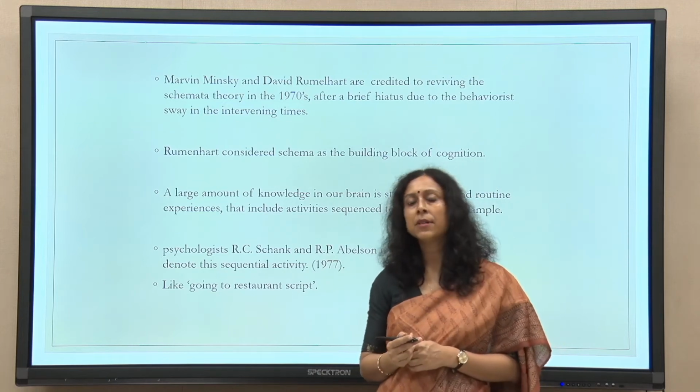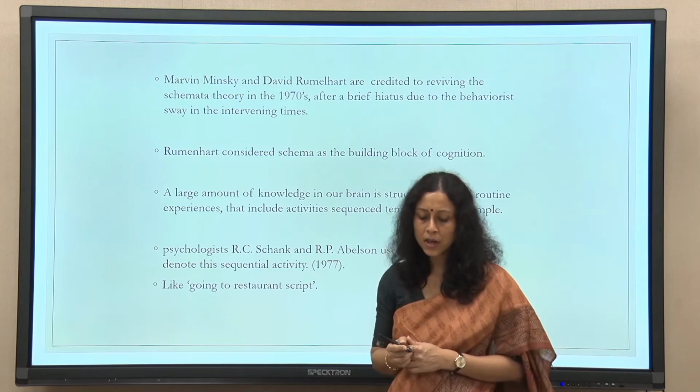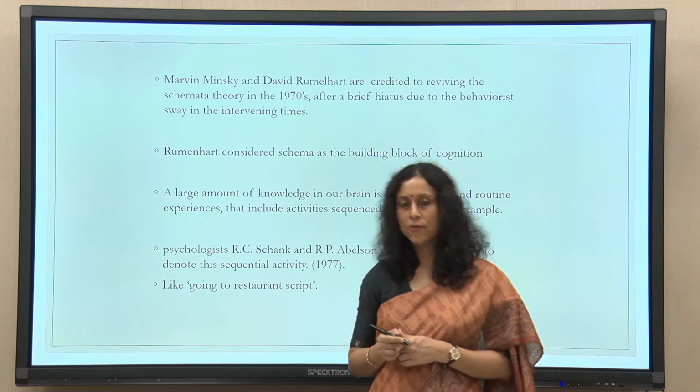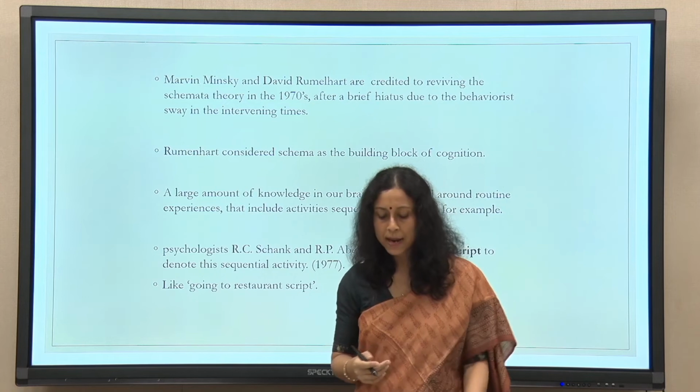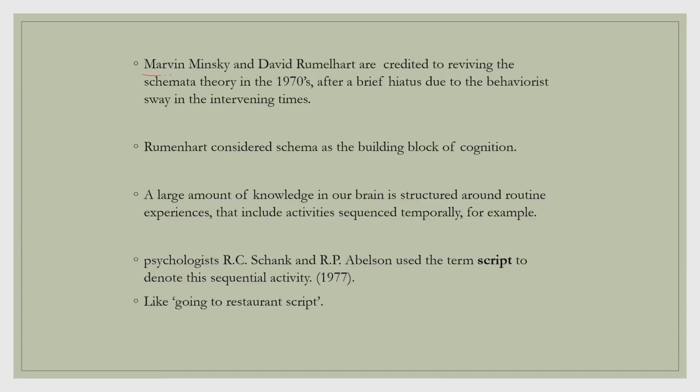For some time there was not much consideration of this, not the way it later came back. So, after a while in the 70s, Marvin Minsky, we have talked about Marvin Minsky before, and David Rumelhart are credited with the revival of the schemata theory in the 70s.